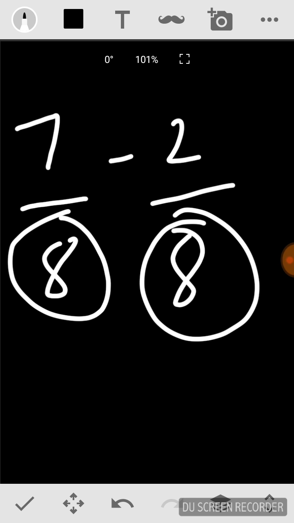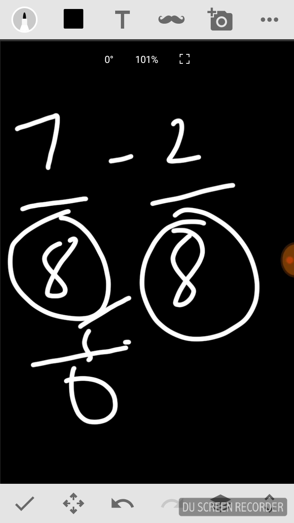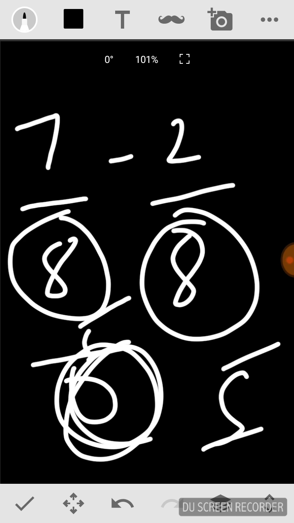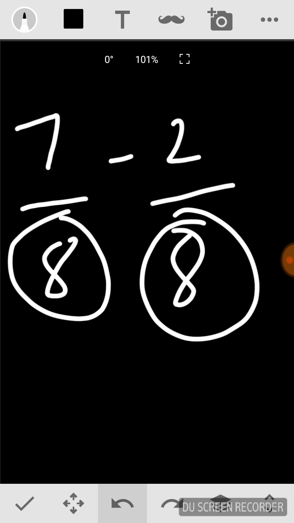When it is 7 by 8 and 2 by 8, as both the denominators are the same, you take it as subtraction. So here always your whole number will come. Always. Remember that. Your whole number has to come there. 0 by 5 will not make sense, so it is always 5. You can watch the video once more, because it is the easiest language I could have ever used.